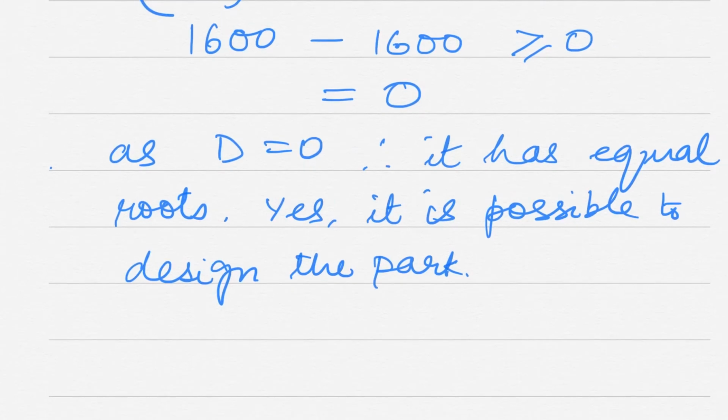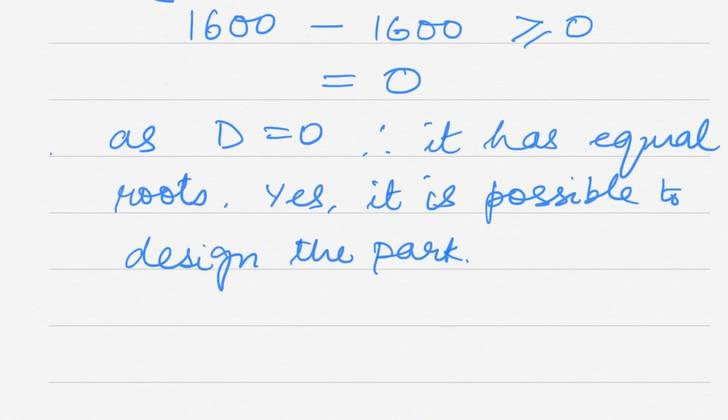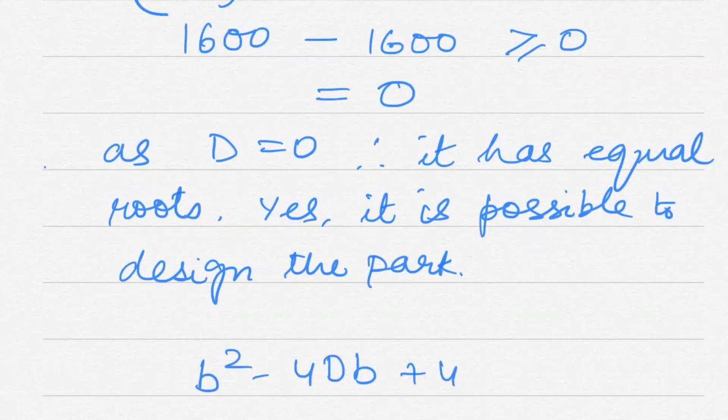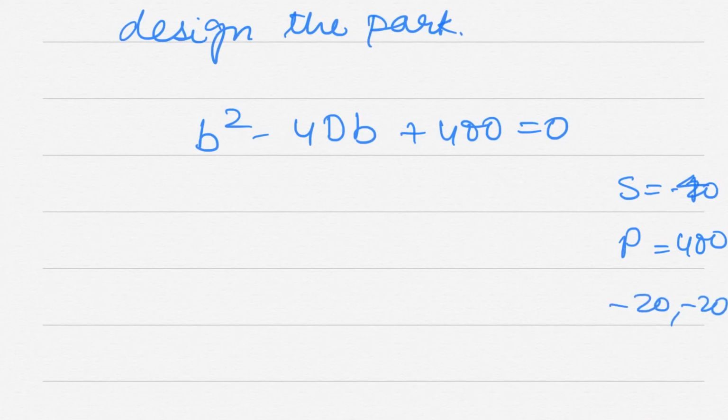Then I have to find the length and breadth also. So let's solve the equation. My equation was b square minus 40b plus 400 is equal to 0. Here the sum is minus 40 and the product is 400. I can easily find that minus 20 and minus 20 will be my two numbers to split the middle term.